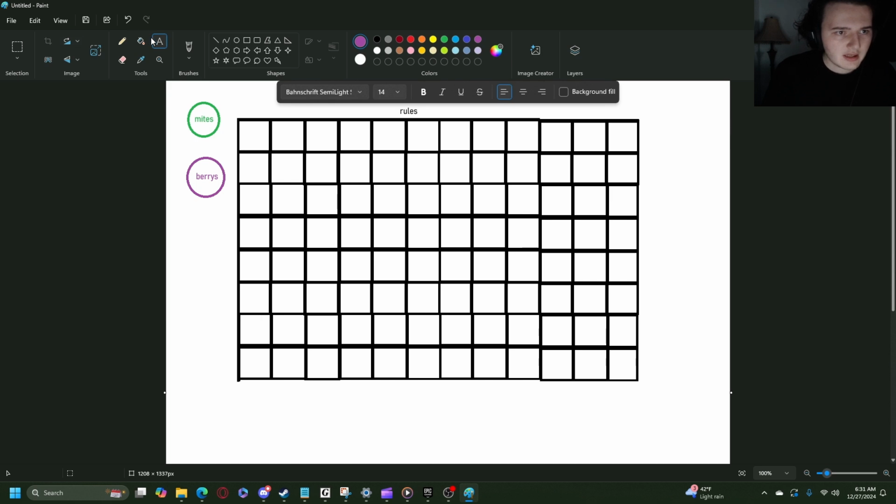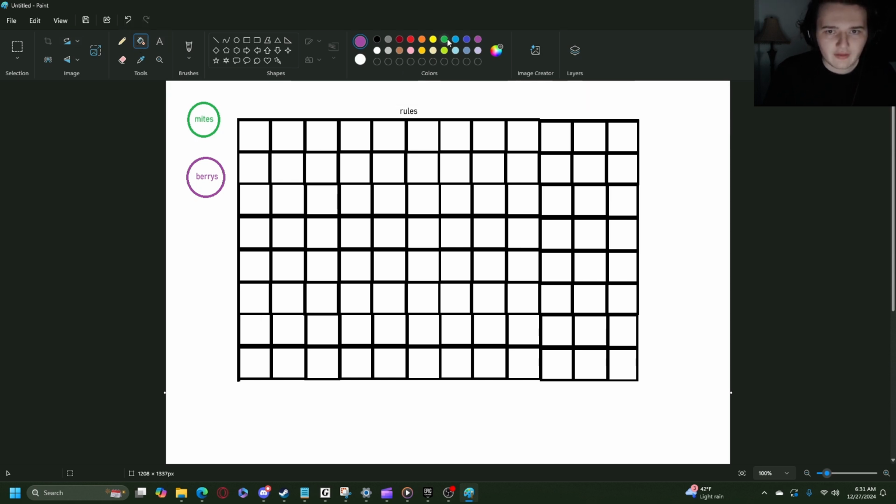So let's say that we theoretically have some mites on our screen. Say we have one here, and we have one here. And let's say that we have some berries. If, by random chance, a berry were to spawn next to a mite, such as like this, then that mite is able to eat that berry.